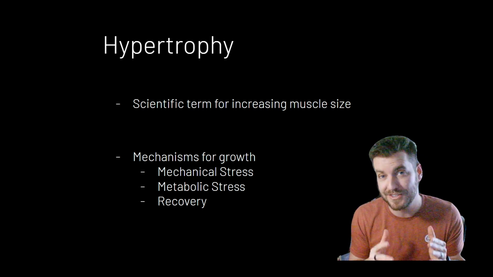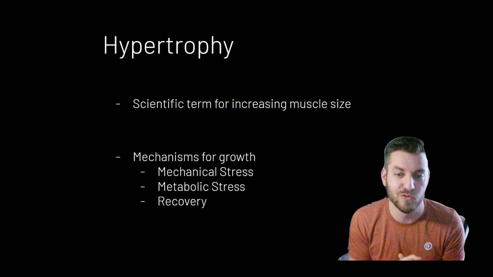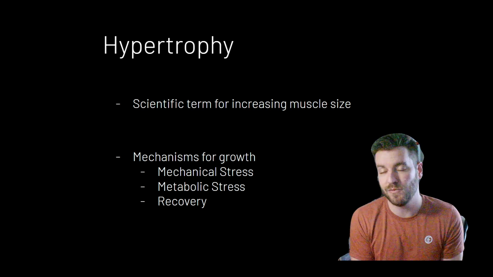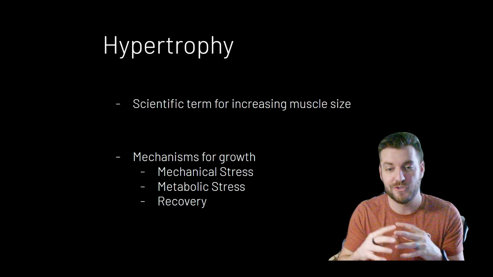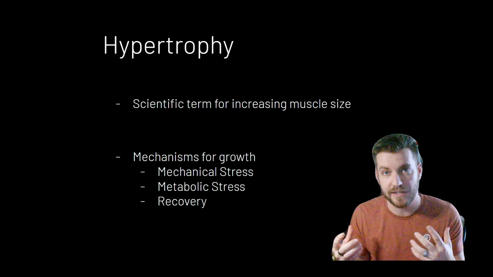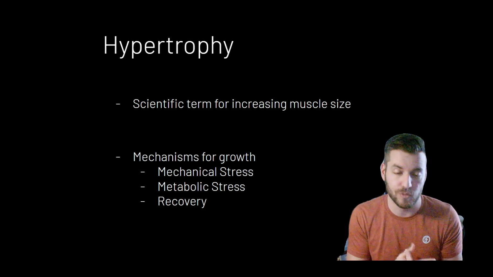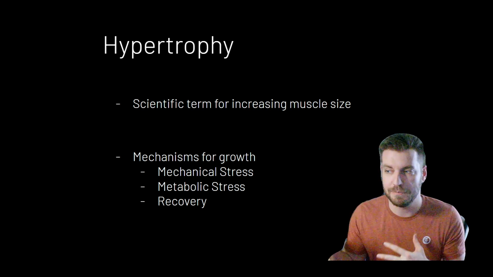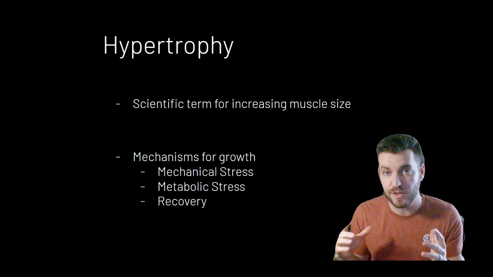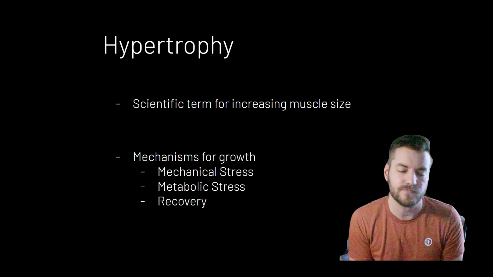If you could somehow create that, you would be a trillionaire overnight. So instead of growing muscle fiber count, we increase the fiber size and their contractility and their ability to apply force. And that's what hypertrophy is. It's the growth of the fibers, not the amount of fibers.